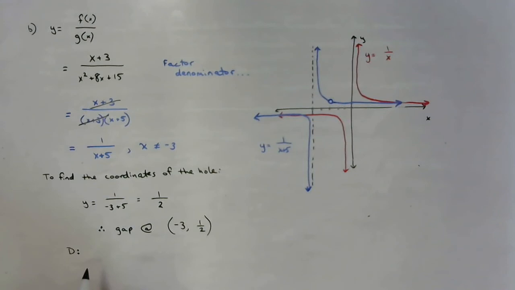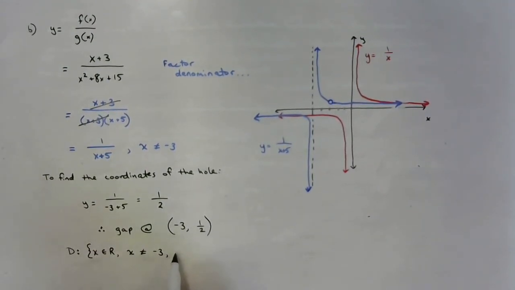So our domain here, we have 2 restrictions on the domain. We know x belongs to the set of real numbers, but x can't be -3. That's where our gap is, and x can't be -5. That's where our asymptote is.